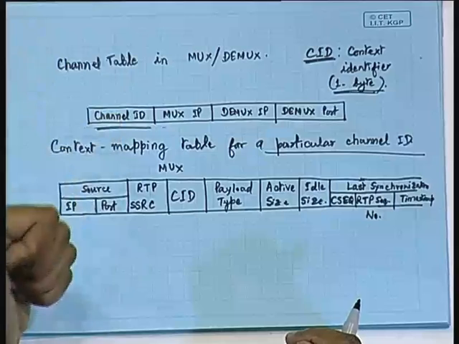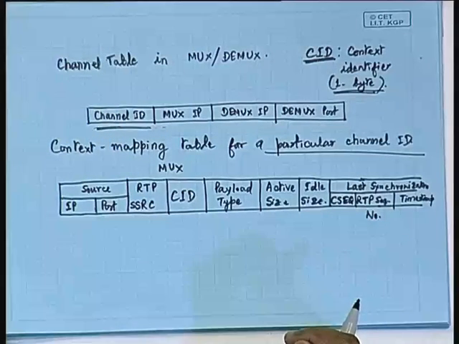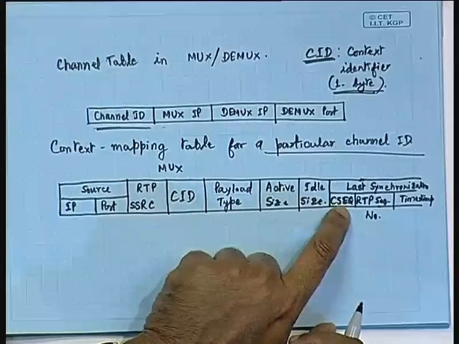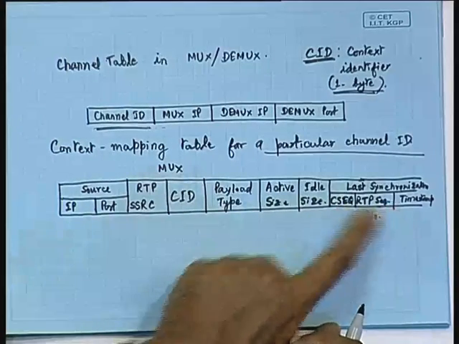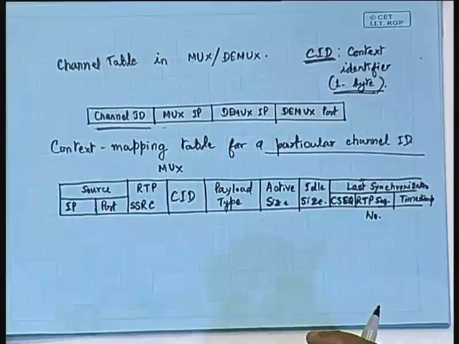So using the source number and the CID, it is able to identify the stream, and from that it will be able to know the C sequence number, RTP sequence number, timestamp, etc. from the last synchronization.